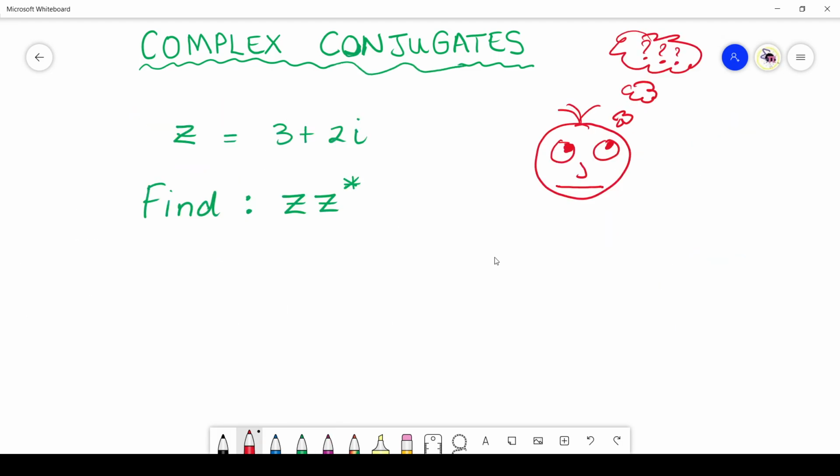Okay, so in light of what I just told you guys, a complex conjugate is just a pair, and they're related by a change in the sign in the middle. What if they gave you a complex number z, and they're saying that z is equal to 3 plus 2i, and then the question tells you to multiply z by its complex conjugate, denoted by that asterisk at the top right hand corner there?